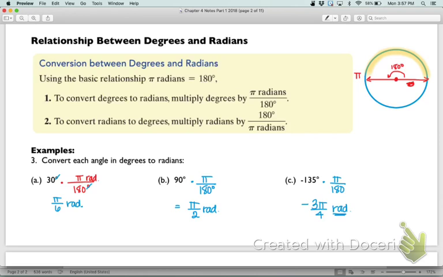We use radians so much that if you don't put a symbol on it, it is assumed that you are measuring in radians. If you are using degrees, you must put the degree symbol. Otherwise, anyone reading it will assume that is negative 135 radians, which, as we talked about, is very much bigger than 135 degrees. So keep that in mind.